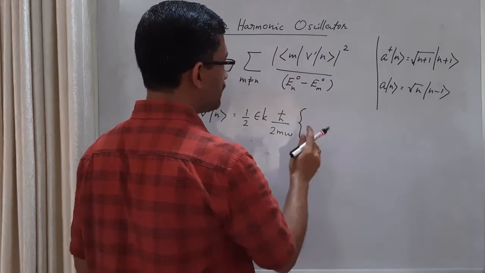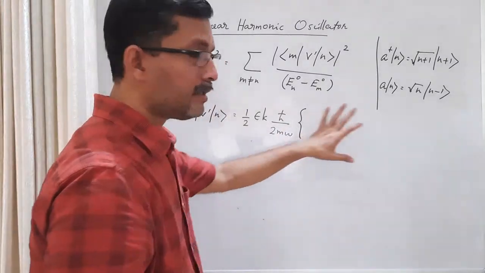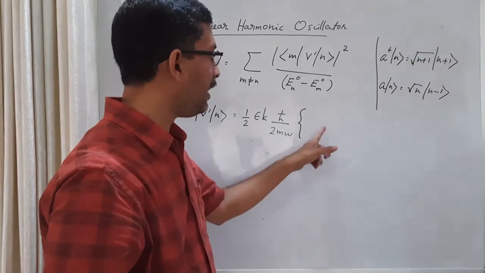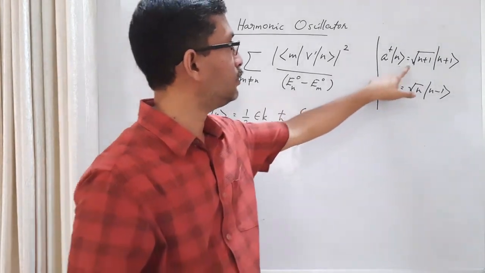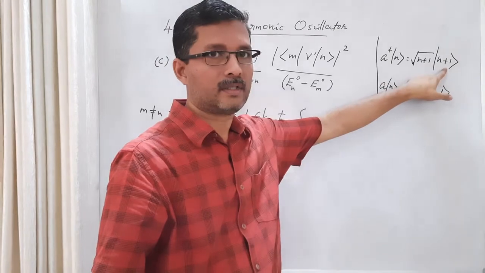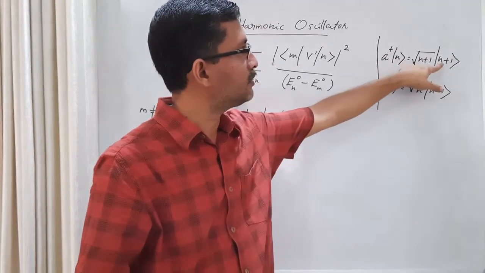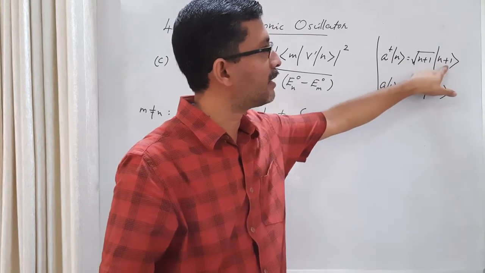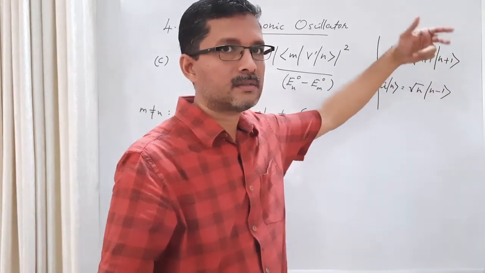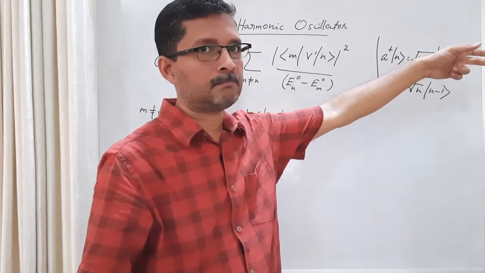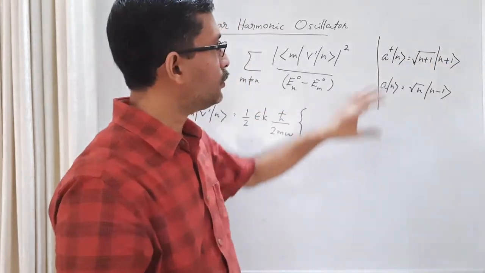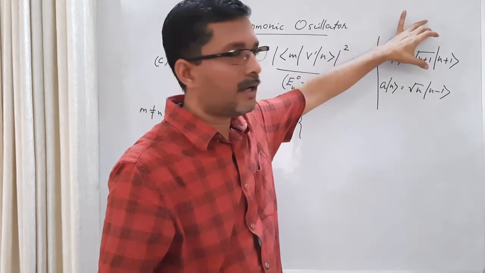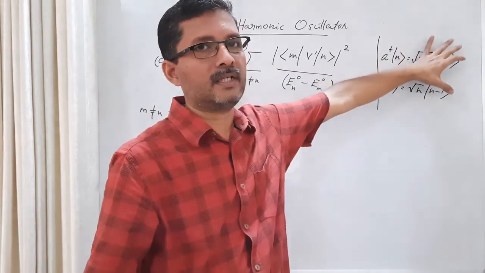So what happens to the term a dagger square acting on ket n? When a dagger acts on ket n, you have root of n plus 1 into ket n plus 1. When one more a dagger acts on this, root n plus 1 is a scalar, so think about what happens when a dagger acts on ket n plus 1. You will get root n plus 2 into ket n plus 2. So you have two terms, root n plus 1 into root n plus 2, and you will get ket n plus 2.